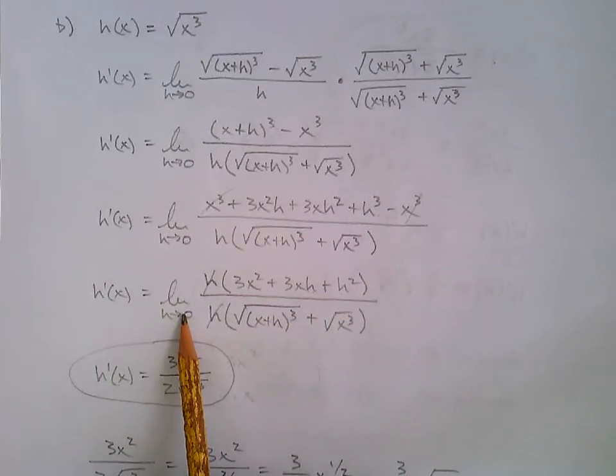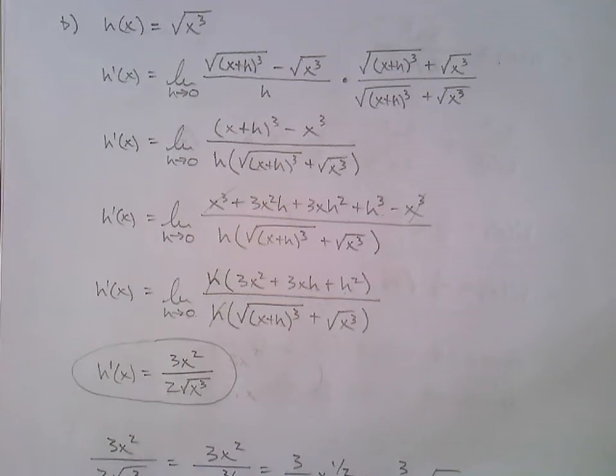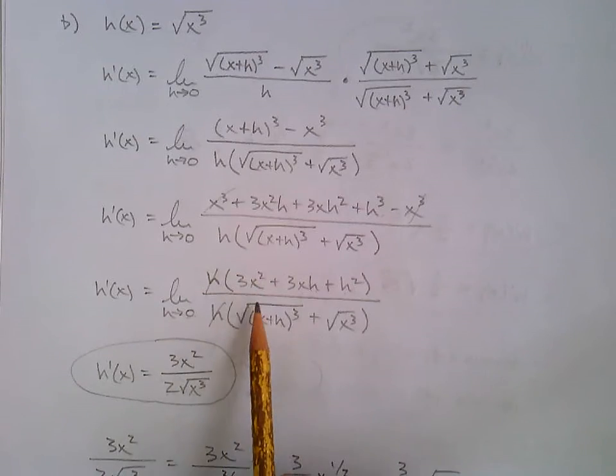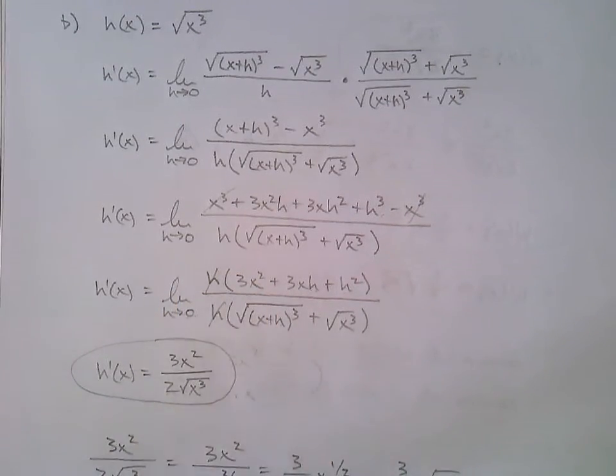Then finally I'm able to plug in the 0 for all the h's, and that's when I no longer write h approaches 0. And I'm saying that this right side is the same as this right side, which they are.